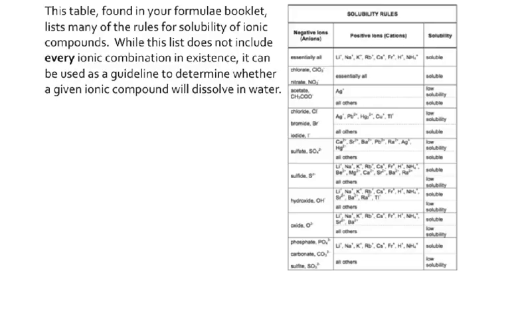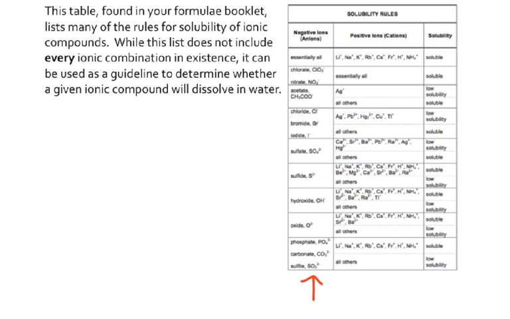Now this would be the time to pull out the data booklet and take a look at the solubility rules chart. This is an easy, handy way to look up what types of substances are soluble in water. The way we use this chart is we have to look at the compound and we have to look at the negative ion first.